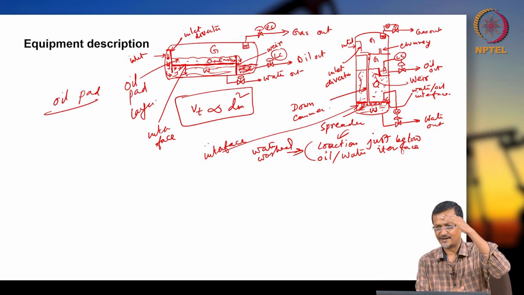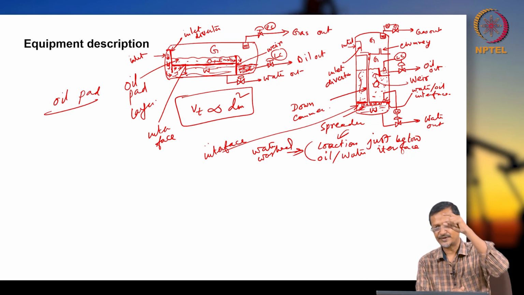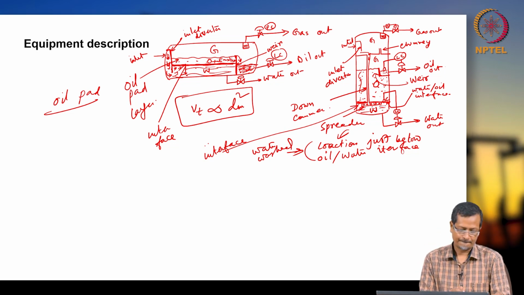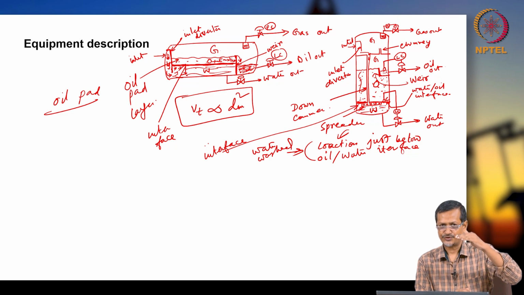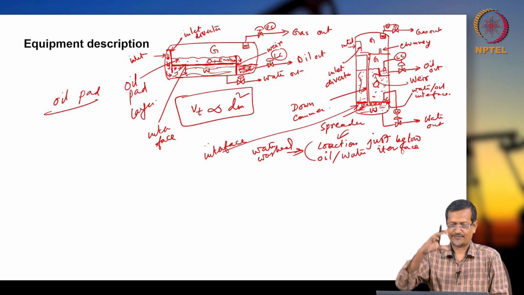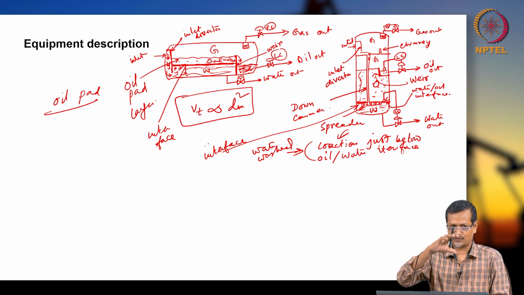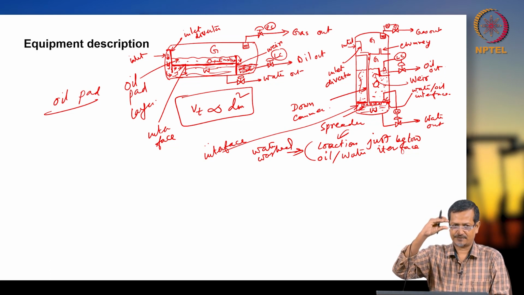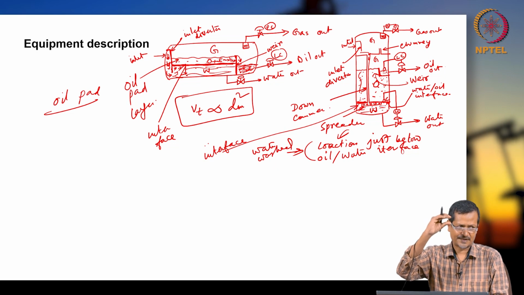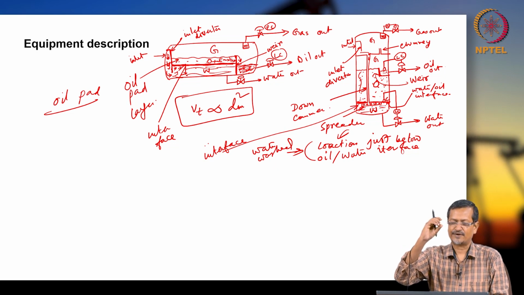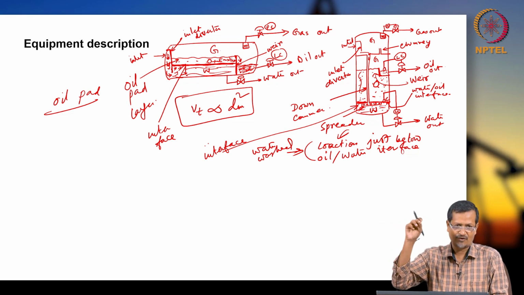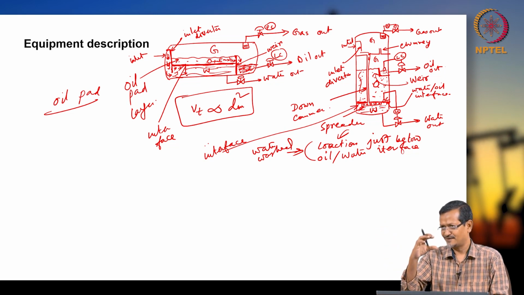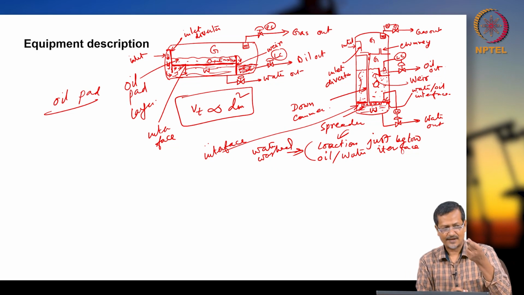The oil outlet should get only oil, and the water outlet should get only water. And again, the gas zone should not be too small. Like the 50% gas we saw in the two-phase separator, if it grows smaller, from 50% to 40%, 30%, 20% gas area, then after a certain time you will find oil going out in the gas line. So you have to maintain that level properly using the level controller.